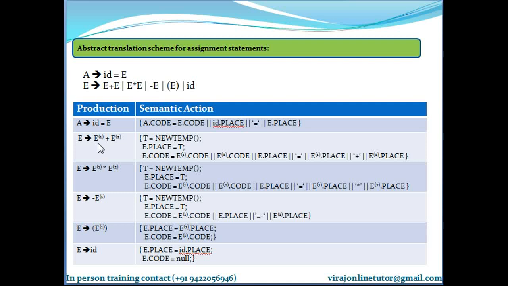Now first I have to evaluate E1, then evaluate E2, then assign their addition to E dot place. So first we evaluate E1 by calling E1 dot code, then E2 by calling E2 dot code, then E1 dot place plus E2 dot place, I add them up and put that value in E dot place, the left hand side. Simple.